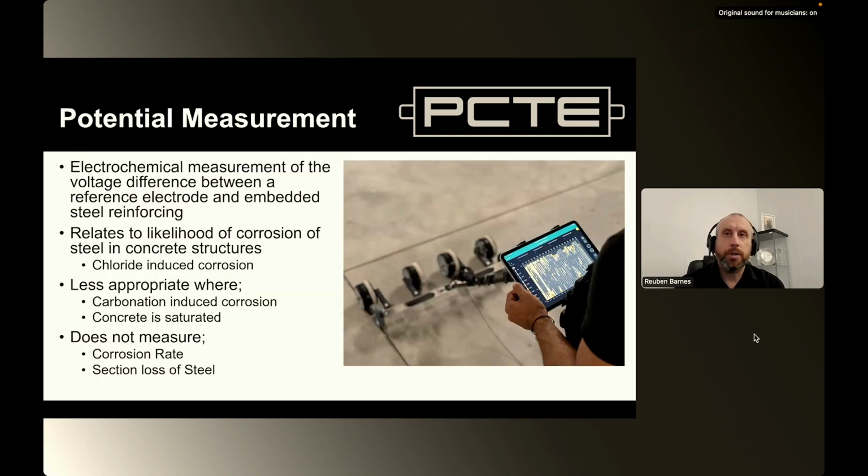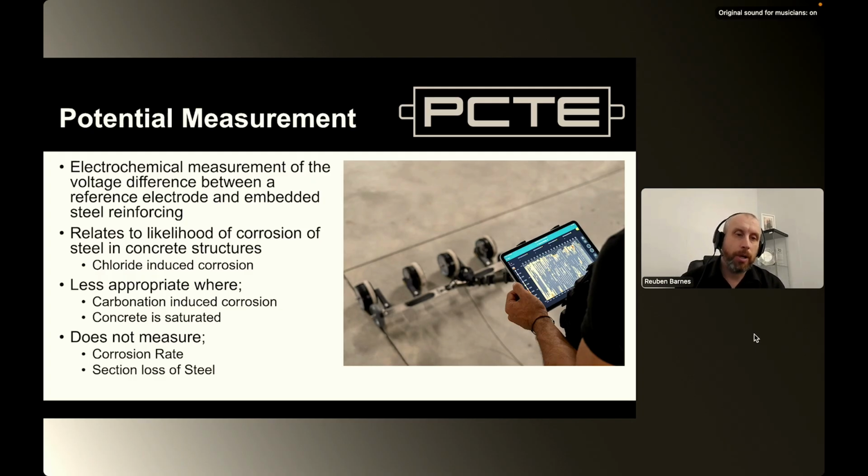So let's jump into our half cell potential measurements. Effectively, with half cell potentials, we're measuring the potential difference between the reference electrode and the steel reinforcing. It relates to the likelihood of corrosion of steel, particularly where we have chloride-induced corrosion.